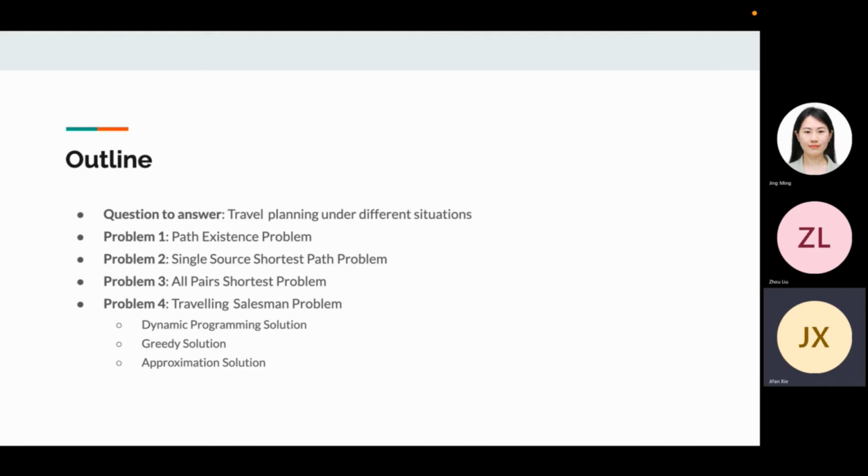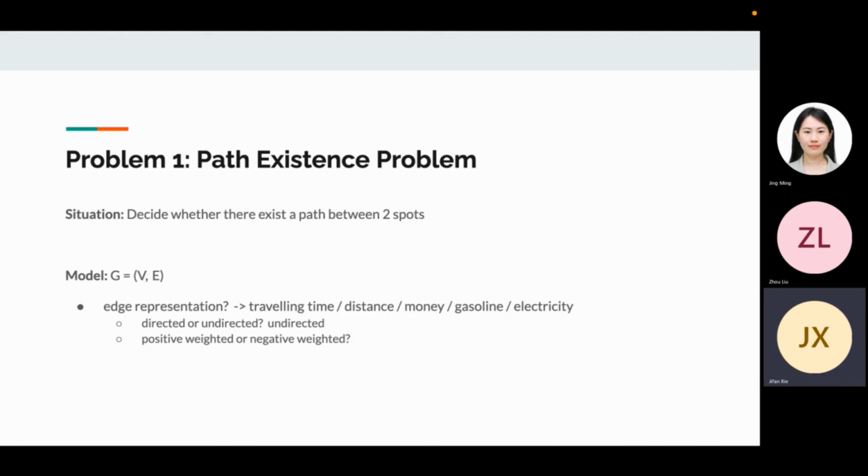The first one is the path existence problem, which is to decide whether there exists a path between 2 spots. The problem is modeled into a graph with vertices of spots. If we can access another vertex from a vertex, there exists an edge between them.